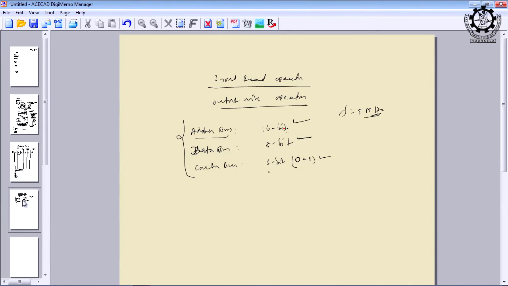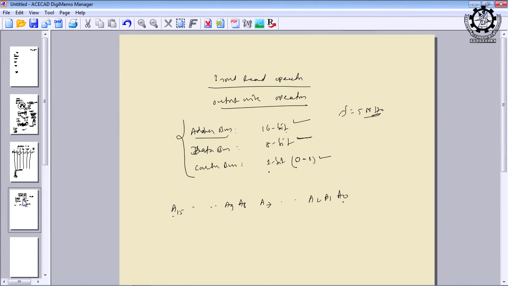So anyway, if the address bus is 16 bits, they are named A0, A1, A2, and so on up to A7, then A8, A9 up to A15. As I told you, every time we give a name for simplicity and for identification of each and every wire of that address bus.